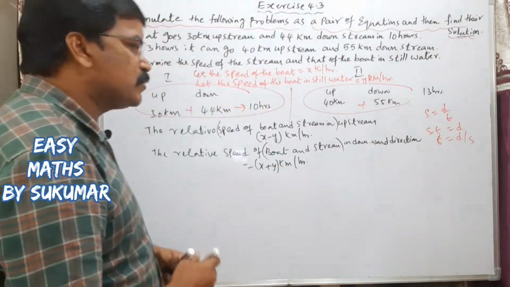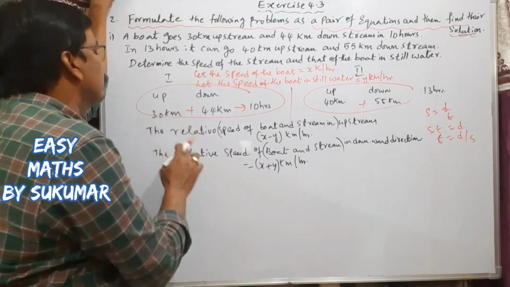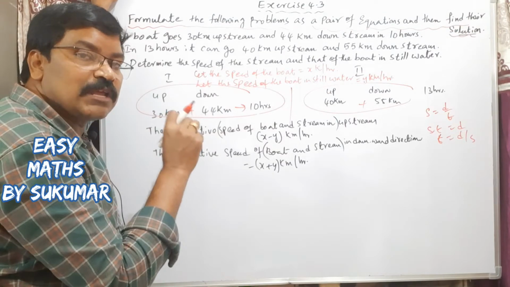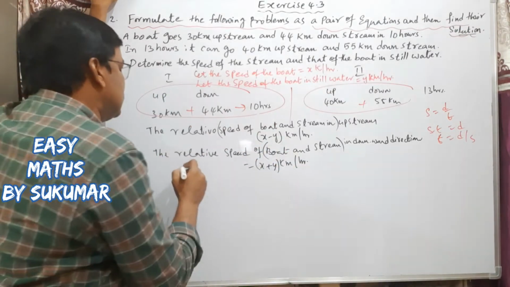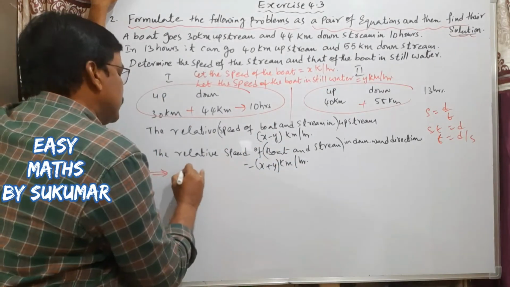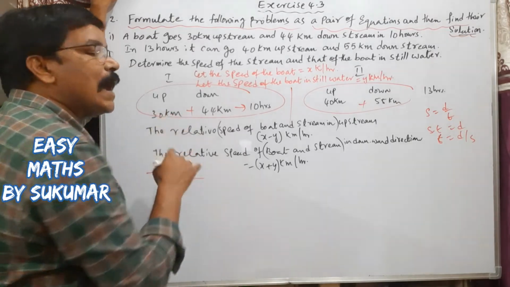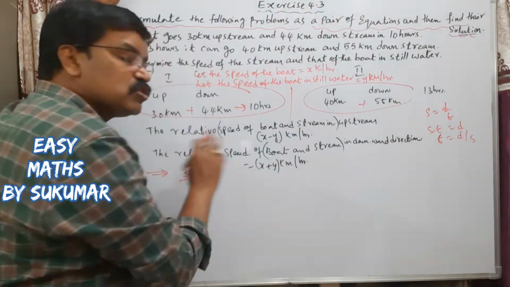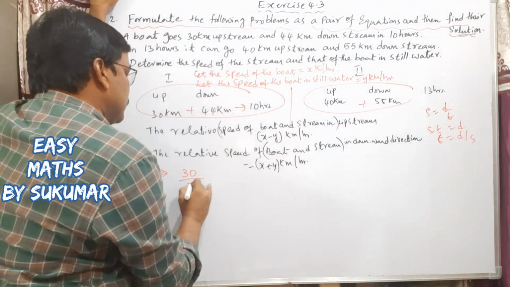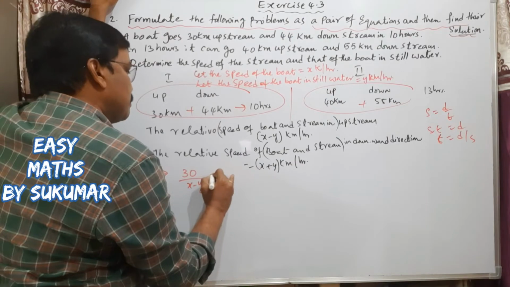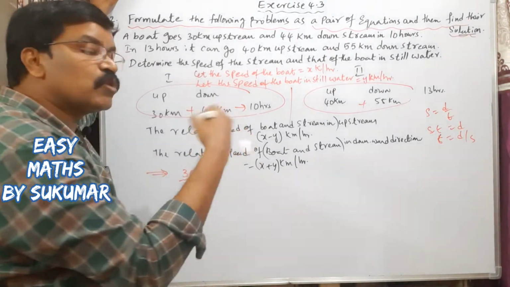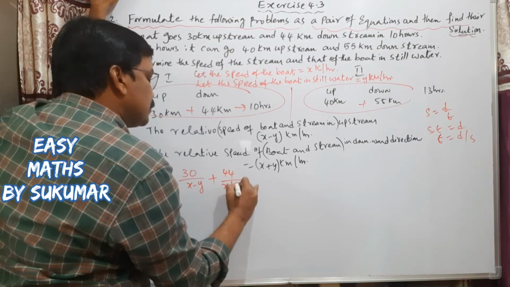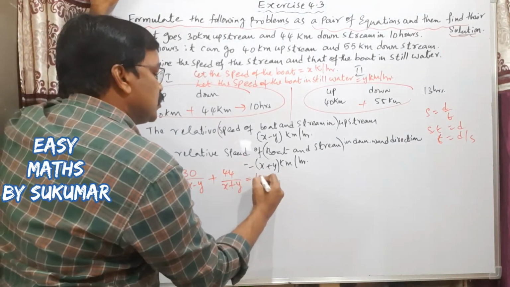Now my dear students, the distance upstream is 30 kilometers. The boat traveled 30 kilometers upstream, where the relative speed is x minus y. So the time is 30 by x minus y, plus 44 kilometers downstream, where the relative speed is x plus y, that is 44 by x plus y, and this equals 10.